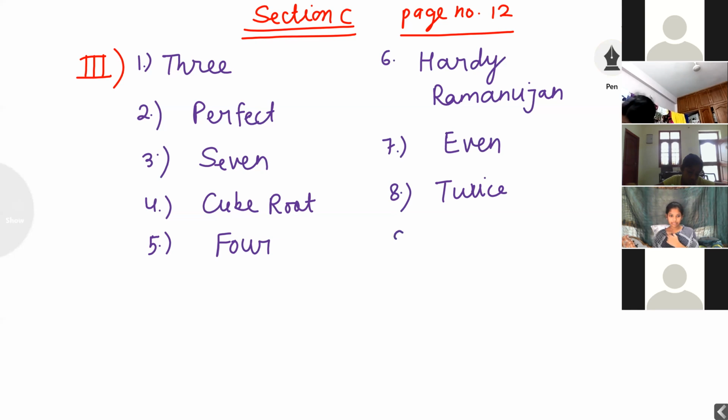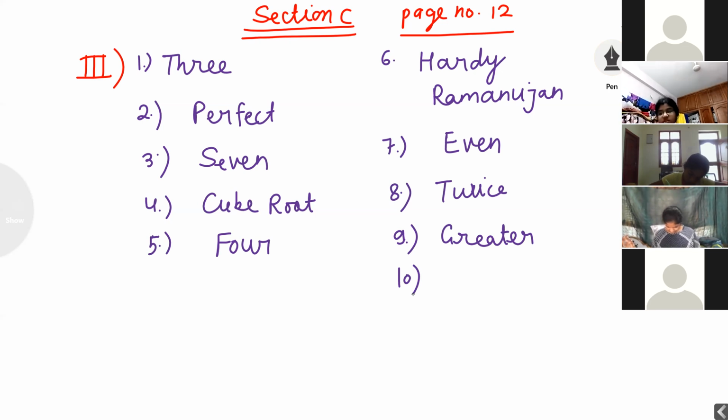Ninth, for a positive integer a greater than 1, a cube is always greater than a square. Obviously, cube will always be greater than square. Greater. 10th question.